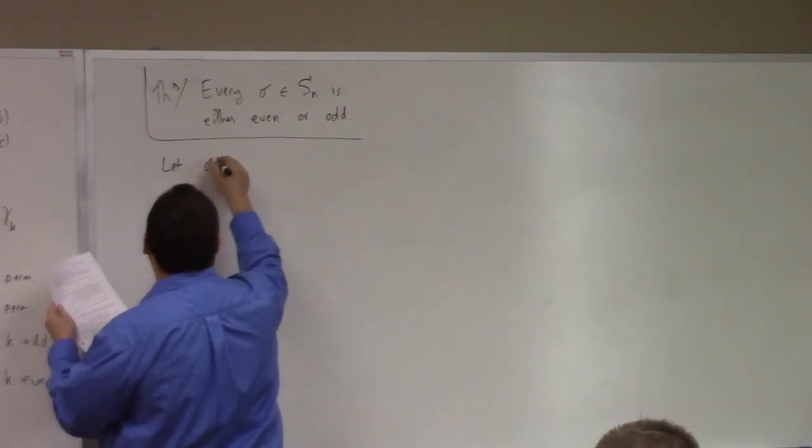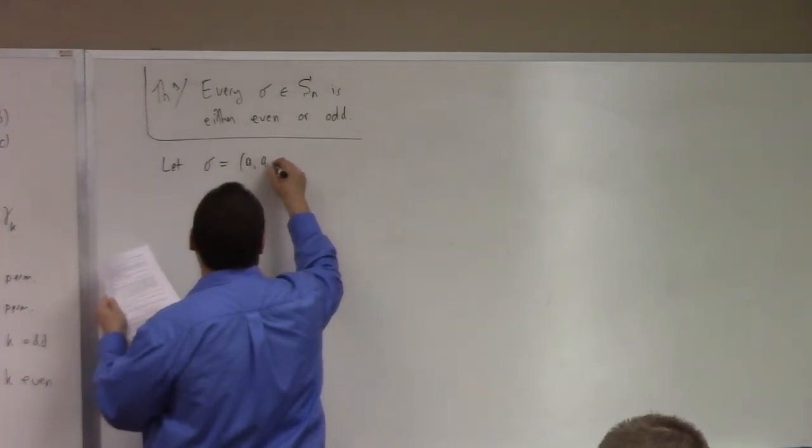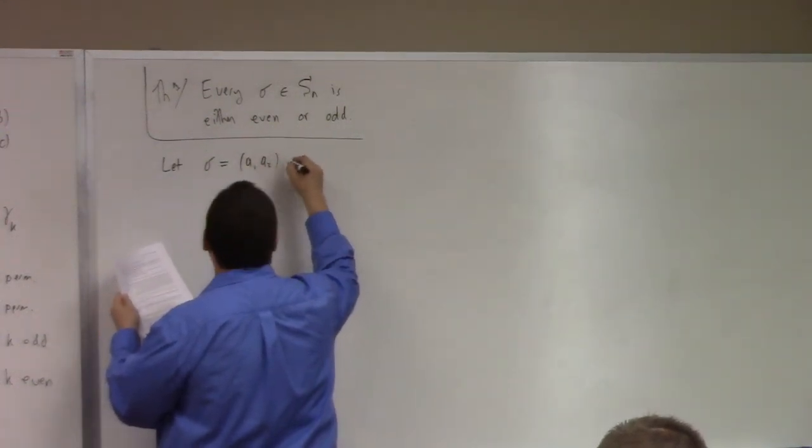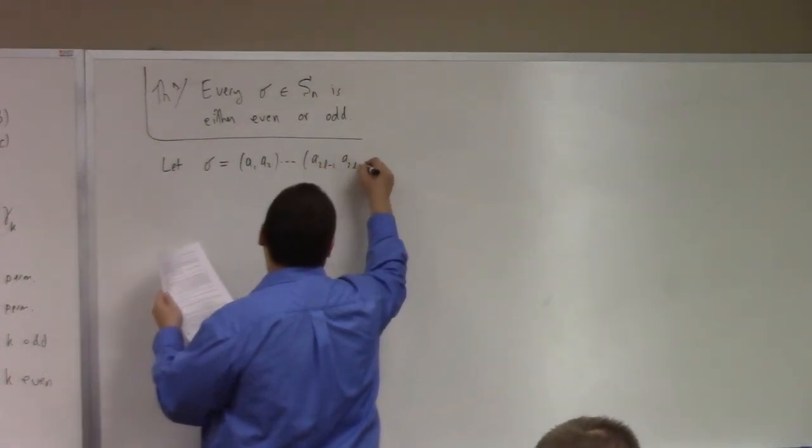Let sigma be equal to a product of transpositions. We know we can. So I have A1, A2, up to A2L minus 1, A2L.